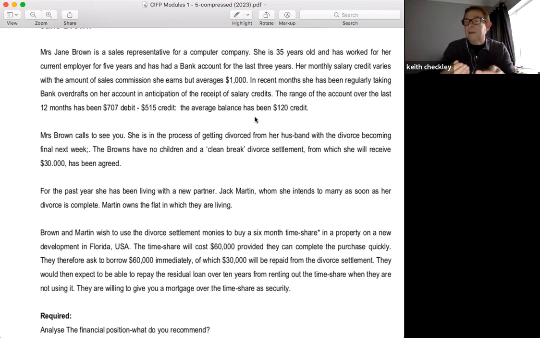Does she contribute towards any expenses in the flat? And what about the flat? I mean, it says he owns the flat, but what's the value of the flat or the apartment? And then equally important, what are the liabilities against it, so we can see what his liability position is there.